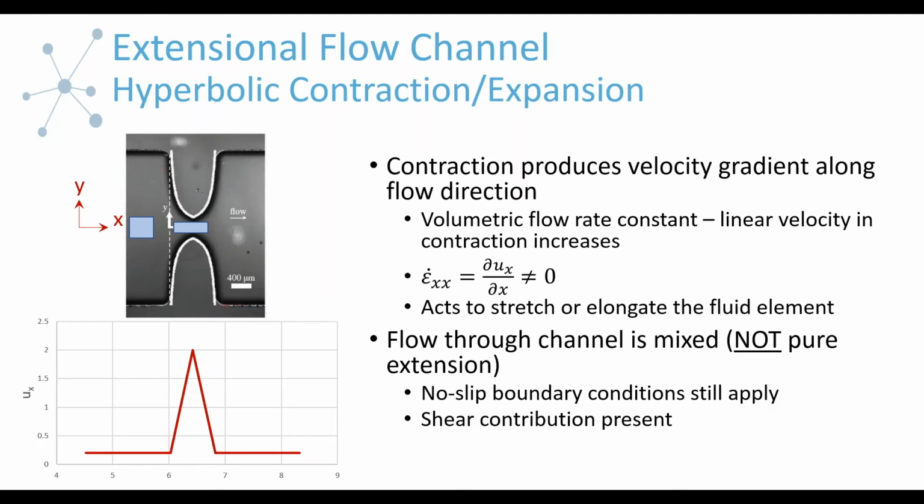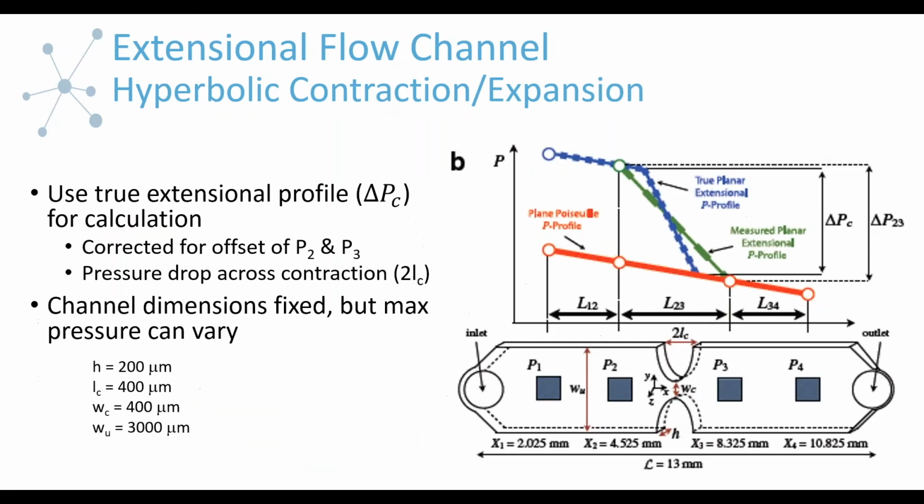So it's really unavoidable unless you are able to set up a system where you have perfect slip at the interface, which is difficult to do and really not possible here. So you have to bear in mind that this measurement is going to have a shear contribution. However, I'll talk a little bit later about where you can subtract this off for certain types of fluids quite easily if it's important for you to remove that from the calculation.